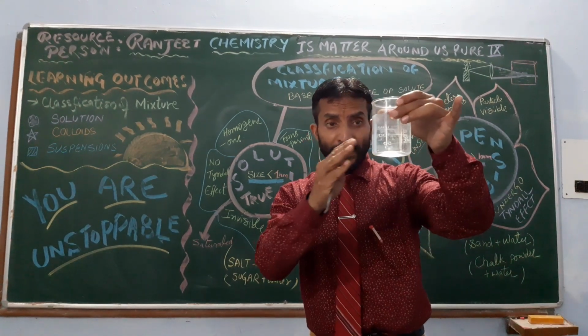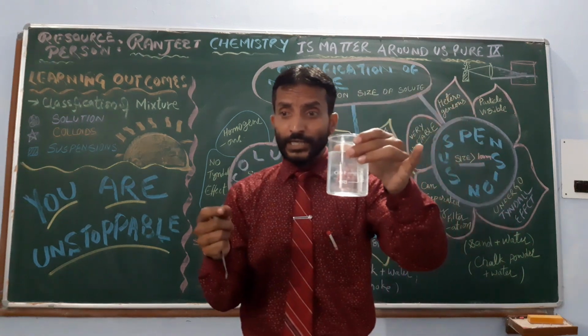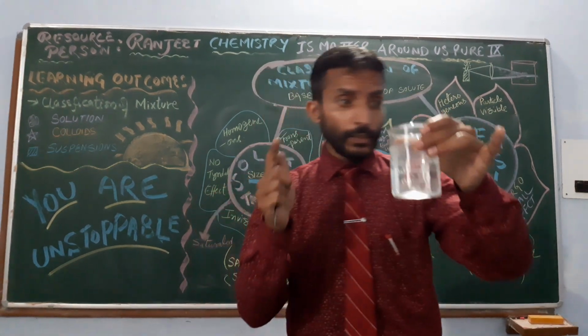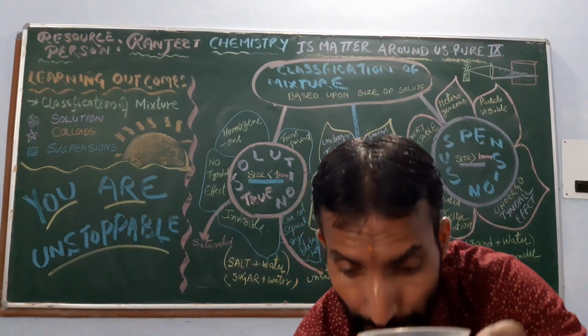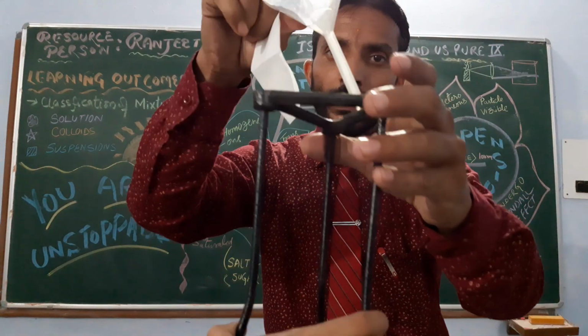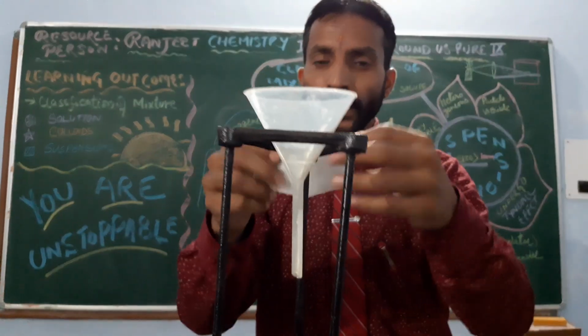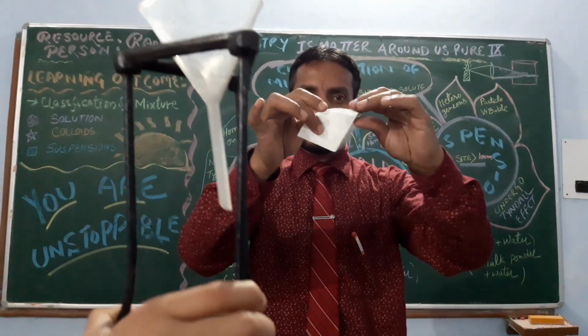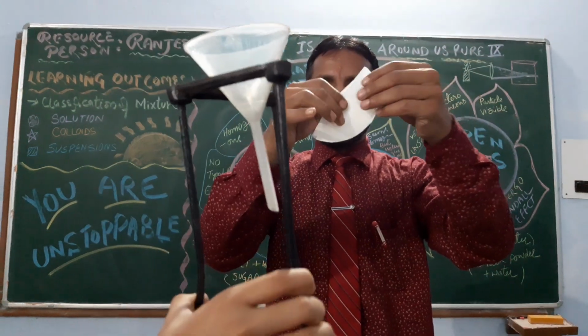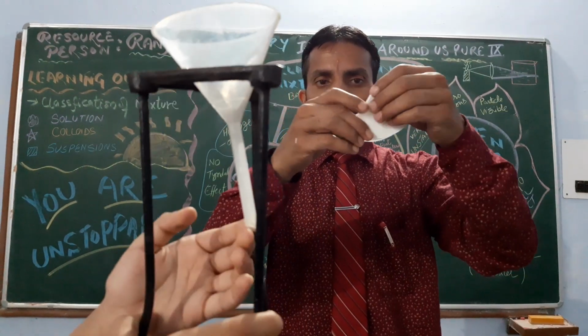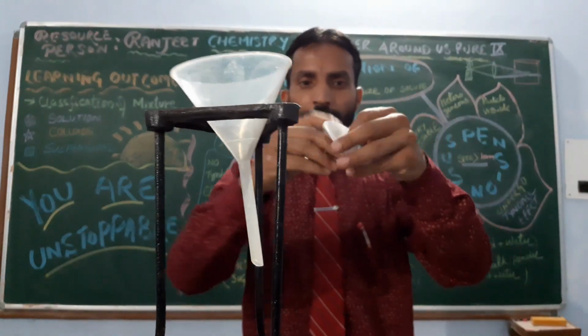Can we separate the particles by filtration? Let us check. We have here a funnel and a tripod stand. I will use filter paper. How to use it? This is your filter paper. Fold it into a semicircle, then a quarter. Then we will use it.